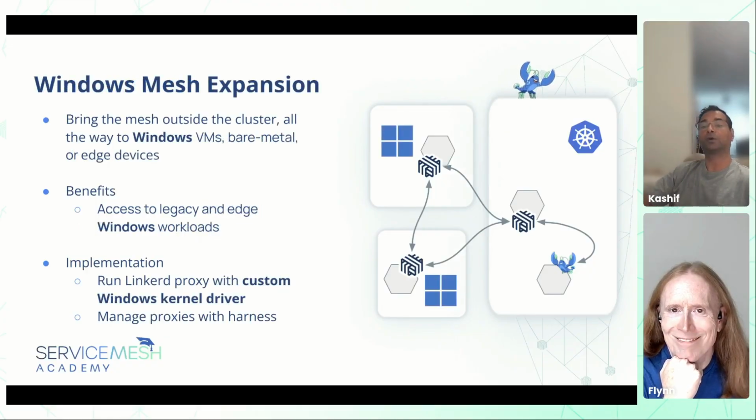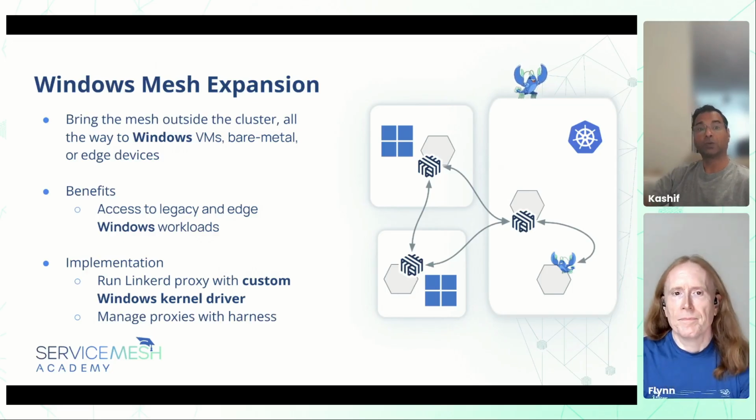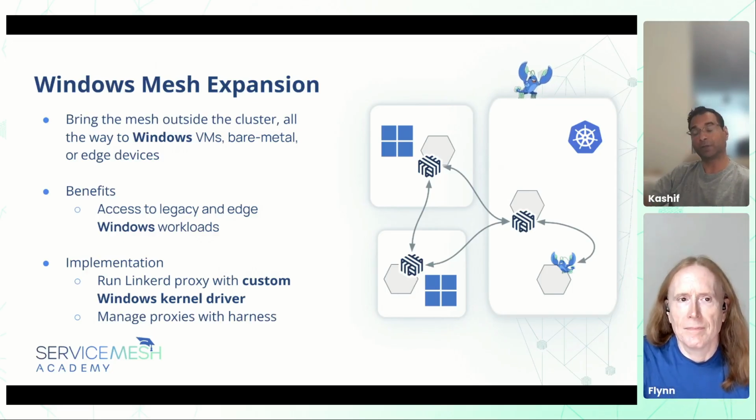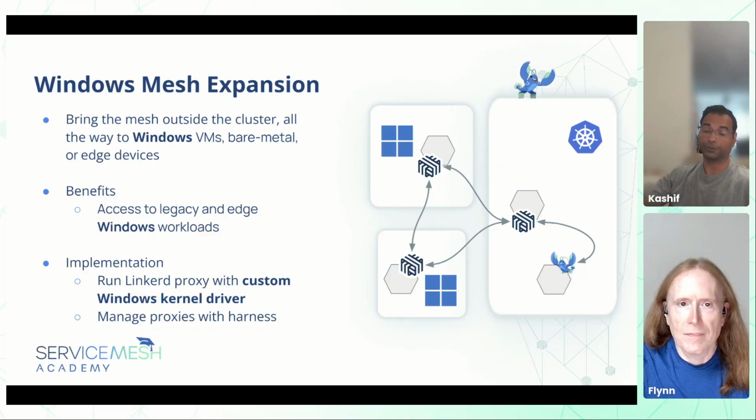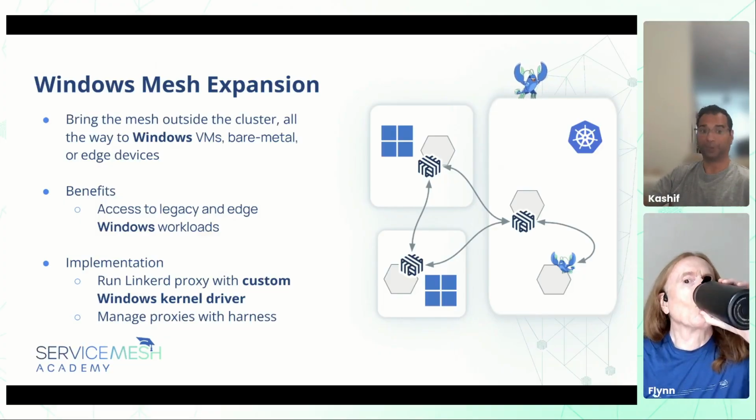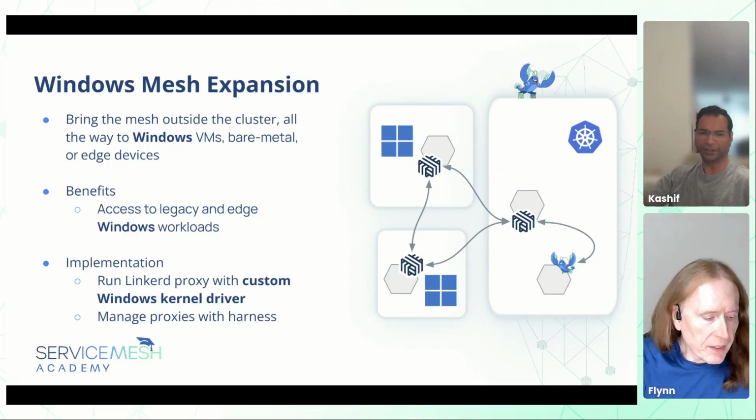And today, what we're talking about in this Academy is our expanded solution for Windows mesh expansion, which builds on top of the platform we already had for a mesh expansion solution that only ran on Linux, all the way to Windows VMs and bare metal devices and edge devices.